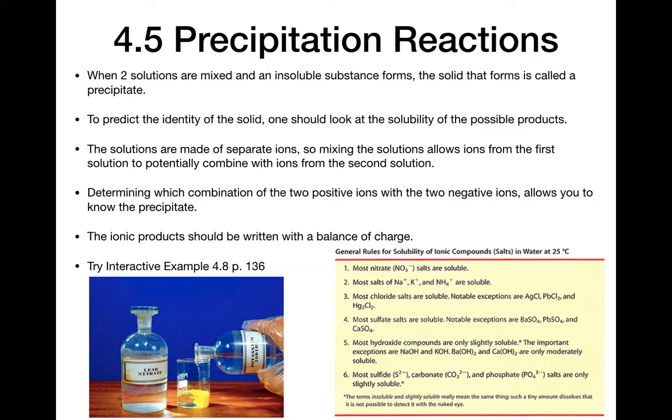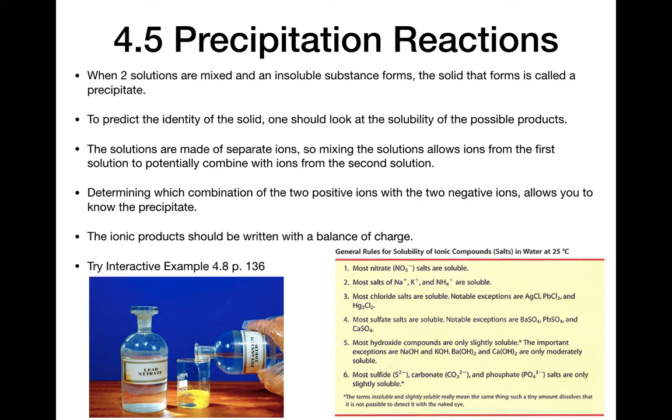Precipitation occurs because two soluble ionic compounds are mixed together as solutions, but one ion from the first compound and one ion from the second compound actually form an insoluble mixture, and as a result precipitate out as a solid.